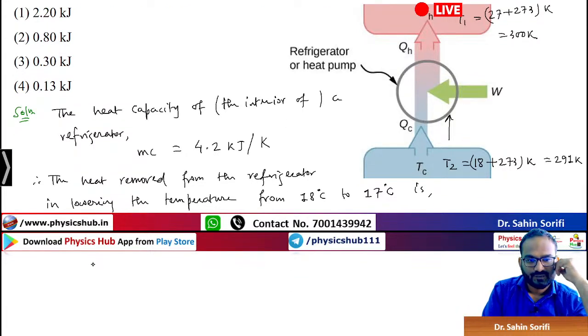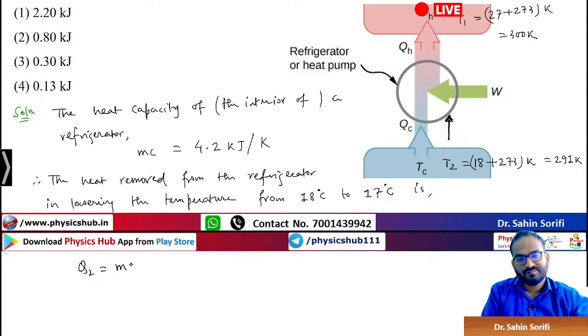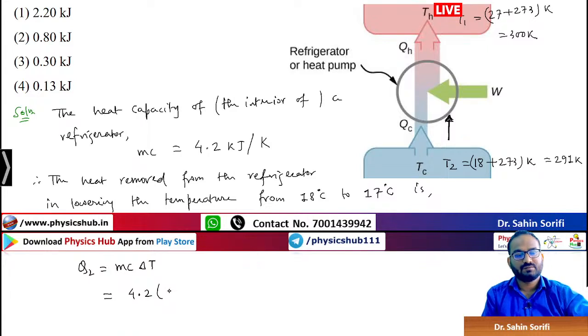Okay. So what is Q2? Q2 is this amount of heat which is extracted in lowering the temperature from 18 degrees centigrade to 17 degrees centigrade. So Q2 will be equals to mc into change in temperature. mc is given to you in the question, 4.2 kilojoule per Kelvin.